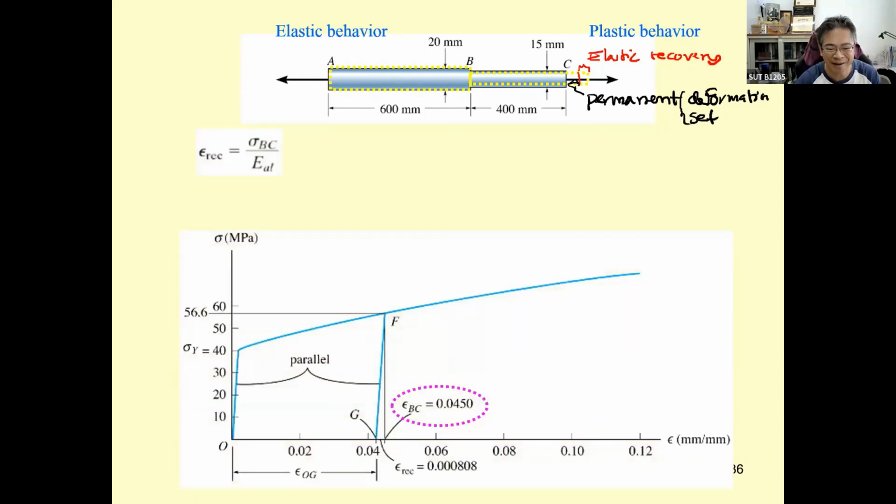What happened is we have to determine the elastic recovery over here. This one is the stress for the plastic, so you again draw the line over here, and this one is the strain at the plastic.